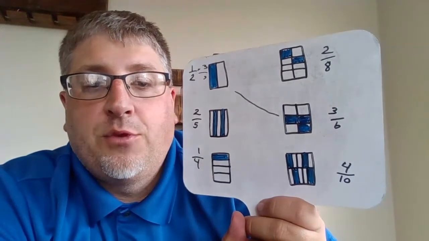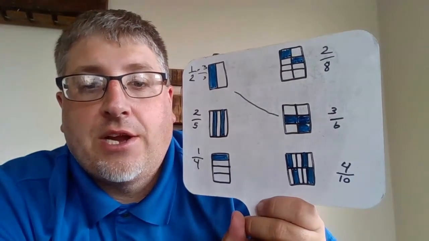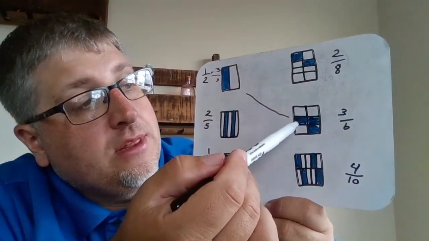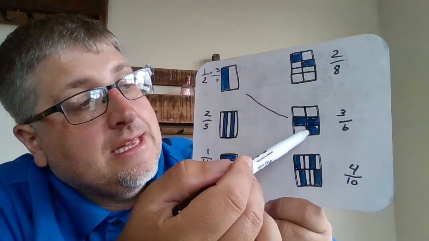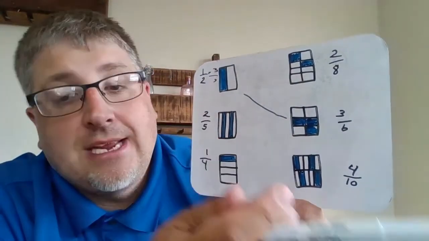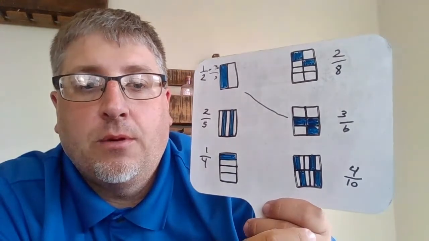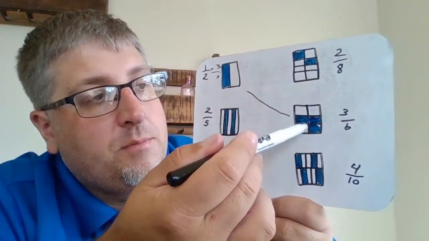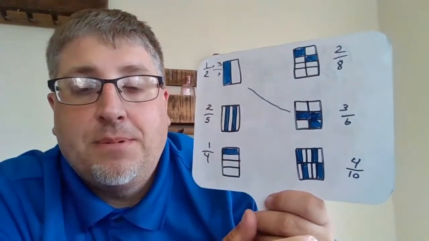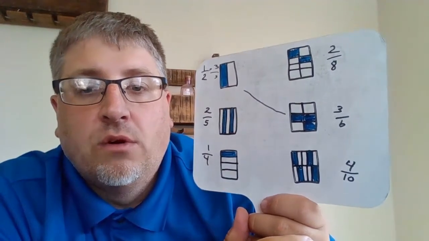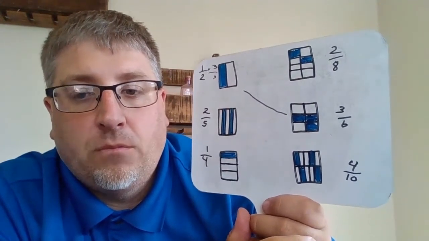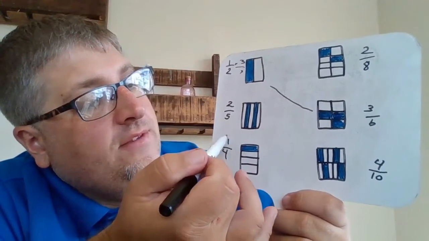So 1/2 and 3/6 are equivalent fractions, okay? And if I were to take these pieces and put them together, they would be equal, okay? Even though they're kind of mixed up here, that's the same amount of pieces that you would see.